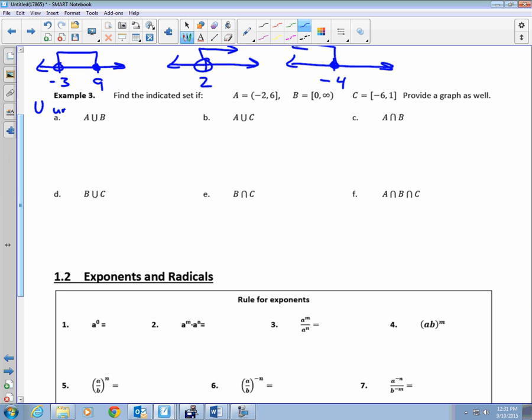Union. Combined set. Whereas this symbol is what we refer to as the intersection. So that's the overlap.